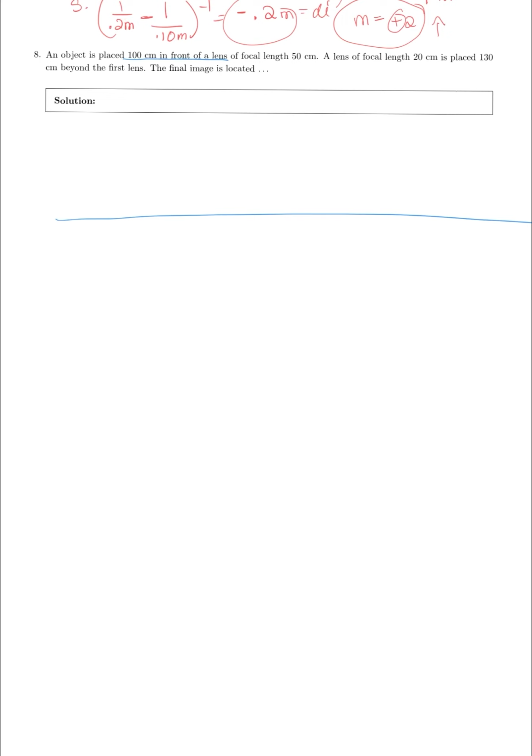I'm not an artist, so bear with me. It's supposed to be a lens. Remember, we're always measuring from the center of the lens. So we have an object, which is going to be represented by an arrow, and it's placed 100 centimeters in front of a lens.